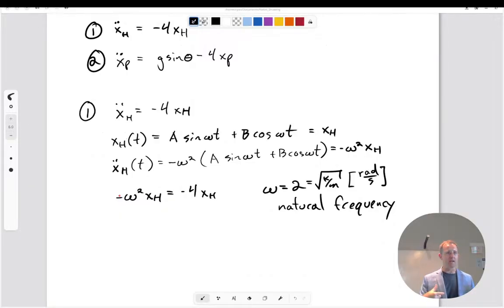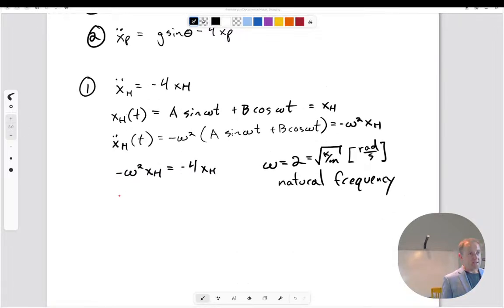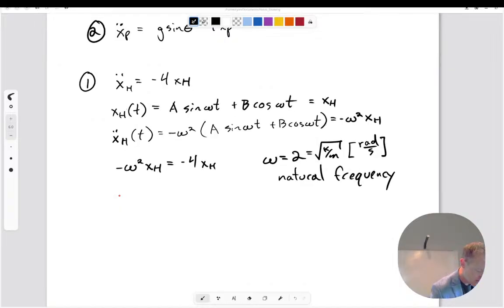As you add damping, there's a damped frequency that's a little bit different, usually within about 10% of your natural frequency. But that's our natural frequency. So all we really did in equation 1 was solve for natural frequency, and we know the time varying form.